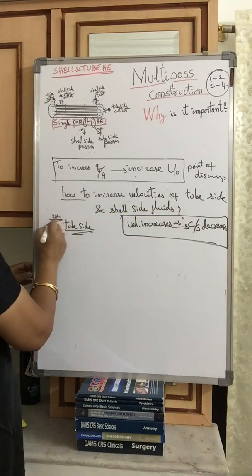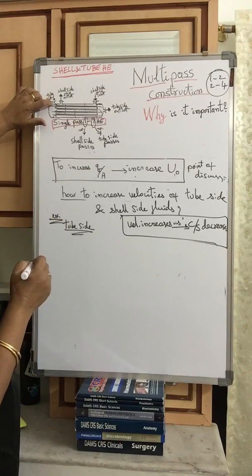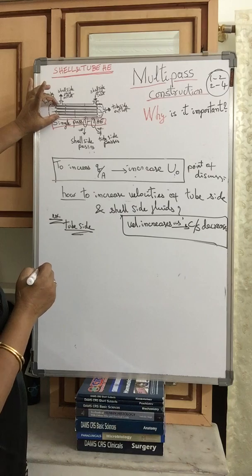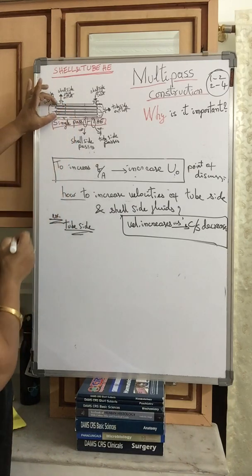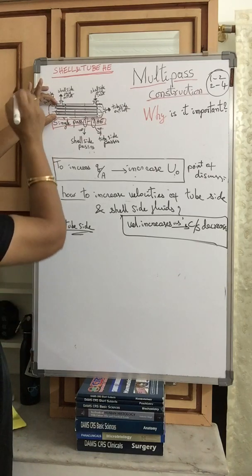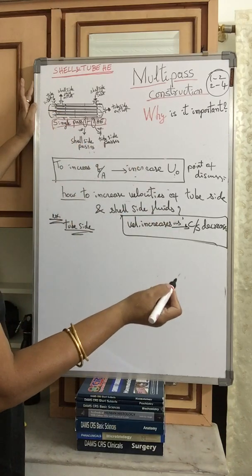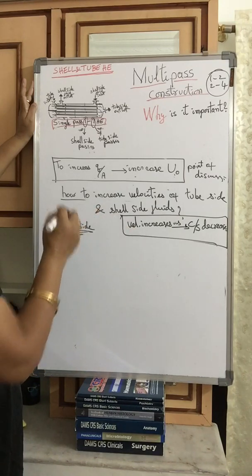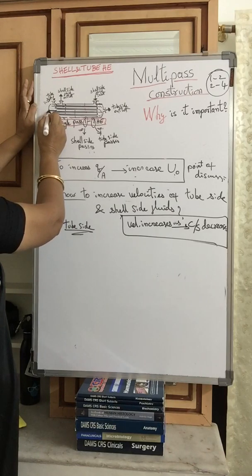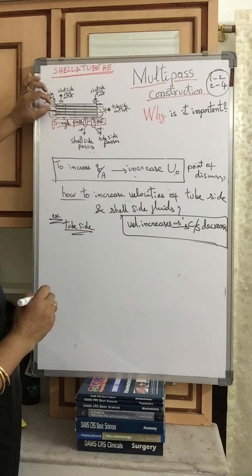So, for example, you take tube side fluid. Tube side fluid is entering here. After entering here, the whole cross section is from here to here, the shell inside diameter. Now, if you decrease the cross section available, that means by keeping a baffle plate here. A baffle plate is nothing but just a plate to divert the flow of the fluid. If you keep one baffle plate here, this cross section is reduced to half.